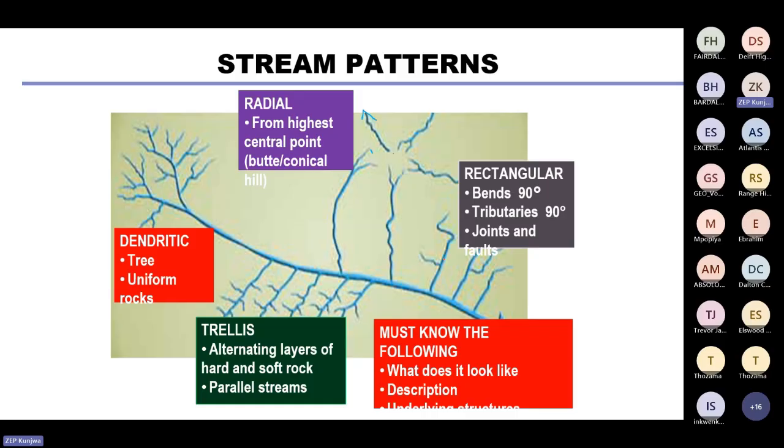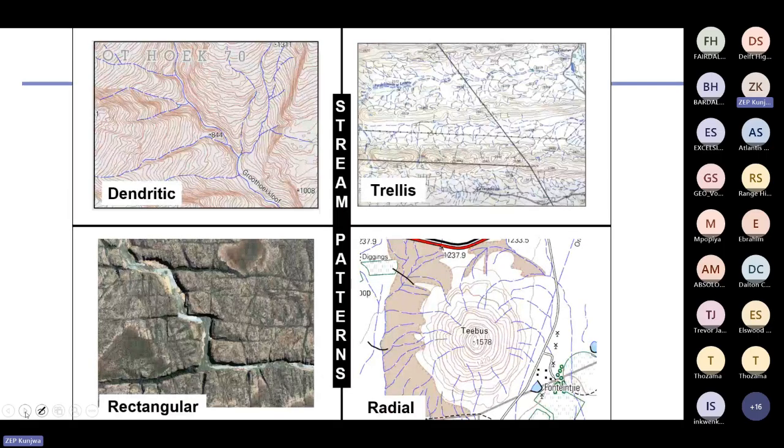Okay, let's look at this now on the map work, because it's important to identify these on the map work, learners. You need to know your colors on the map work. When you look at water, you're looking at the blue color, and the contour lines are showing you the landscapes.